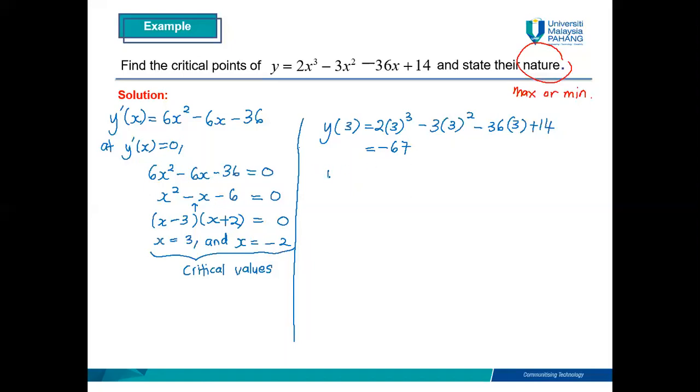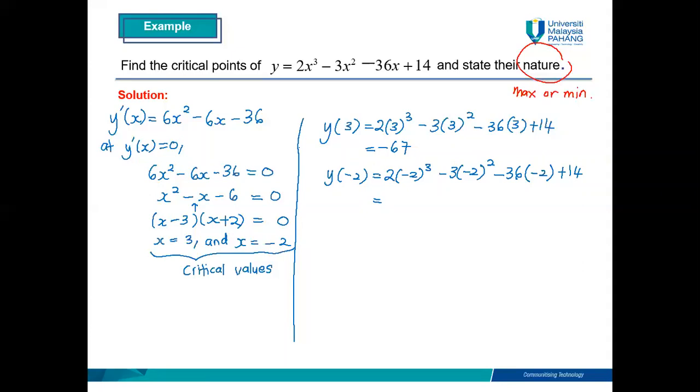And then when x is equal to negative 2, so 2 times negative 2 cube minus 3 times negative 2 square minus 36 times negative 2 plus 14. So negative 8 times 2, minus 12 plus 72 plus 14.